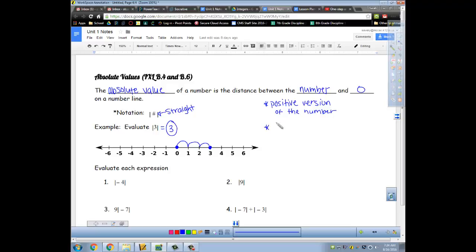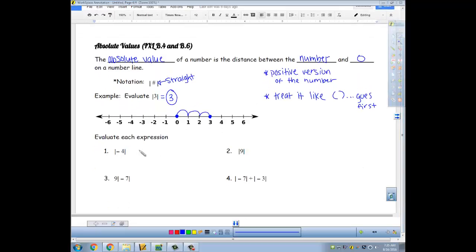Sometimes there will be more of a problem for you to solve inside of the absolute value signs. So we are going to treat it like parentheses. So it's going to go first. So always do the absolute value part first, like what's on the inside, and then make it positive.